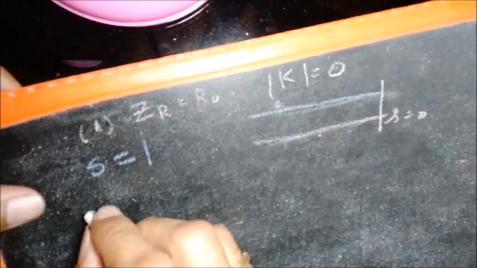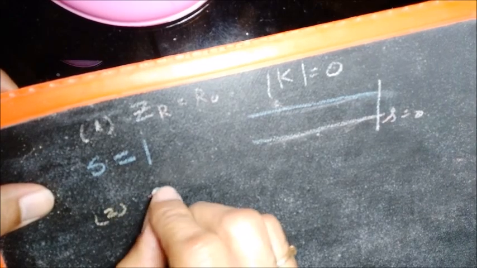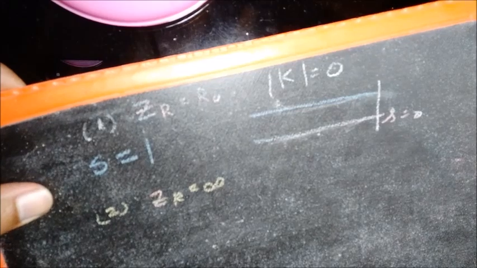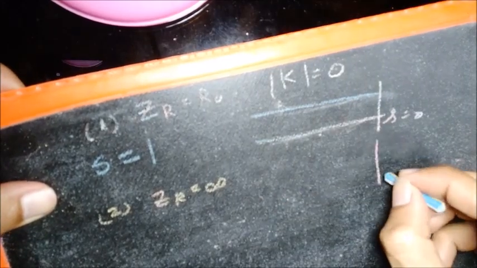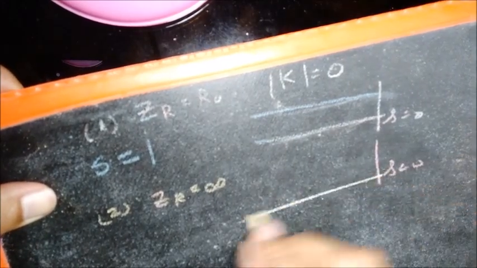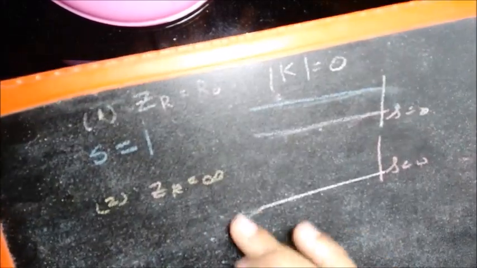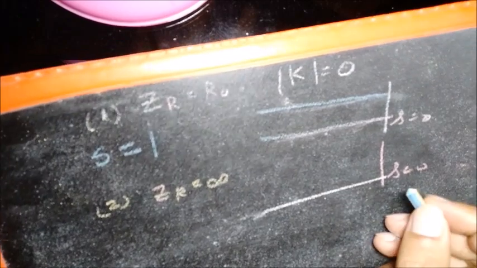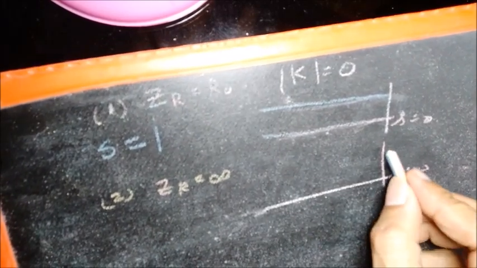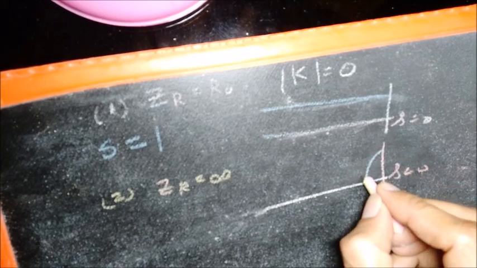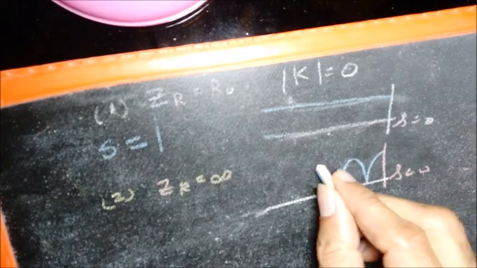The second case we consider, if ZR is infinity. If ZR is infinity, it is an open circuit, and we have seen the waveform. In fact, we have seen the simulation also in the previous video; a short while ago, I played the simulation video. You have seen there that when ZR is infinity, the magnitude is like this.